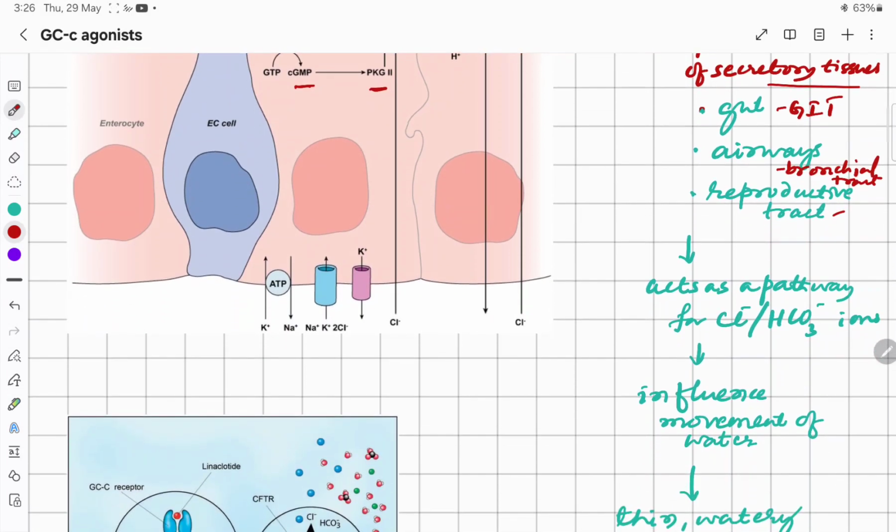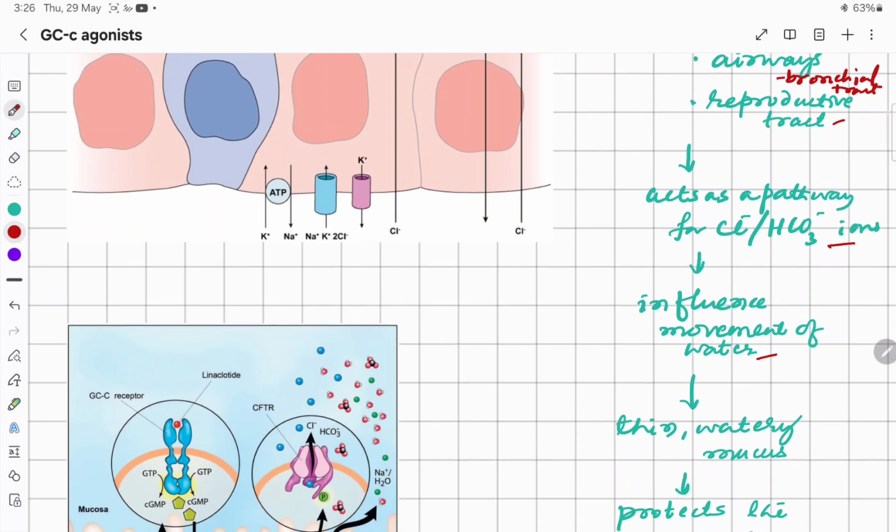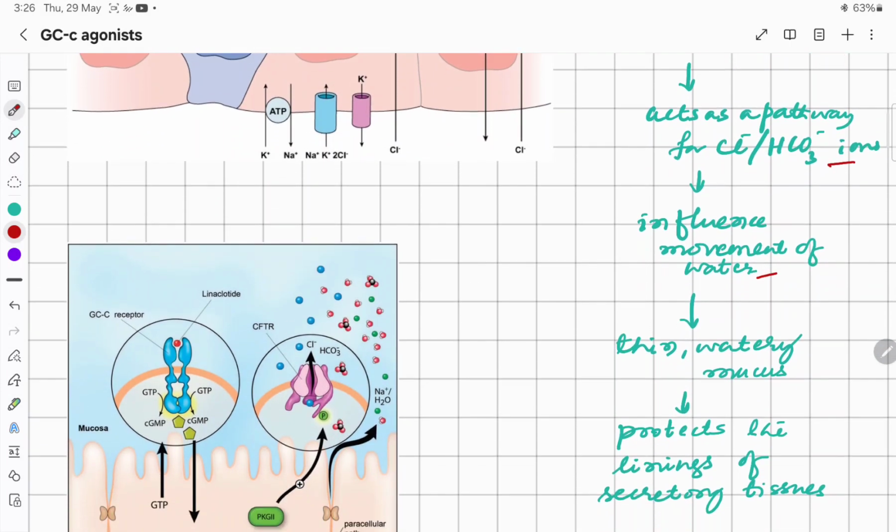It acts as a pathway for chloride and bicarbonate ions, or anions, and in turn it influences the movement of water. So its function is to produce thin watery mucus. Because of the mucus production, it protects the linings of the secretory tissues.